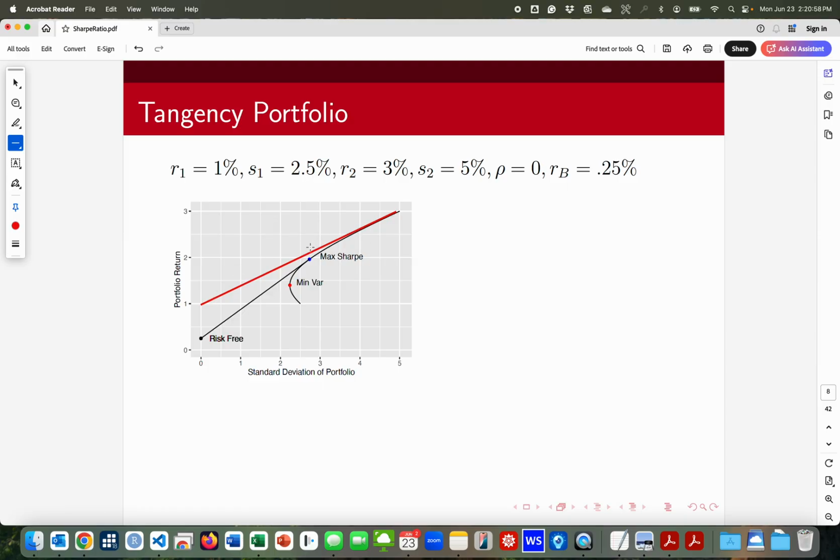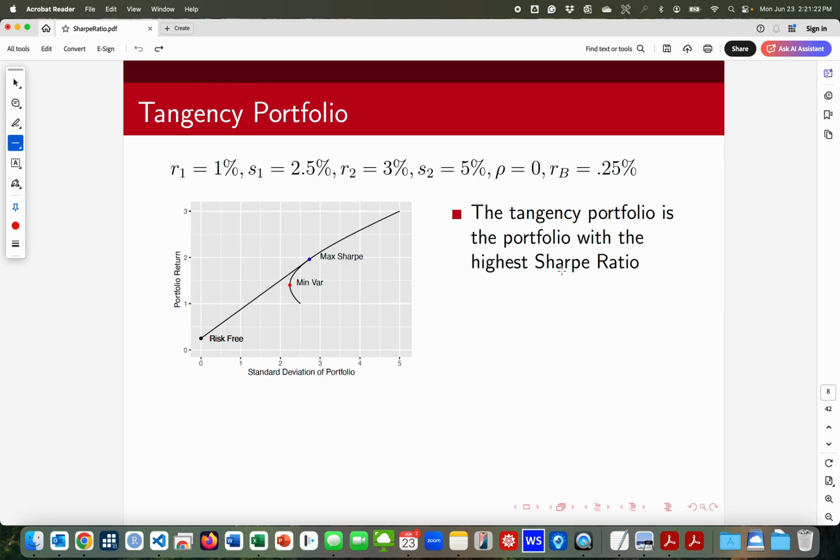So that tangency portfolio is going to depend on the risk-free rate. The higher the risk-free rate is, the higher and to the right on the efficient frontier, you'll find the tangency portfolio. Because if you can get a higher return risk-free, that frees you up to put a little bit more of your money in something that has a little bit more risk.